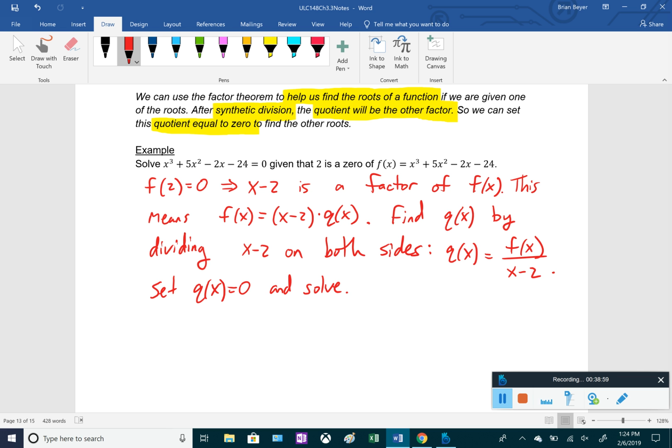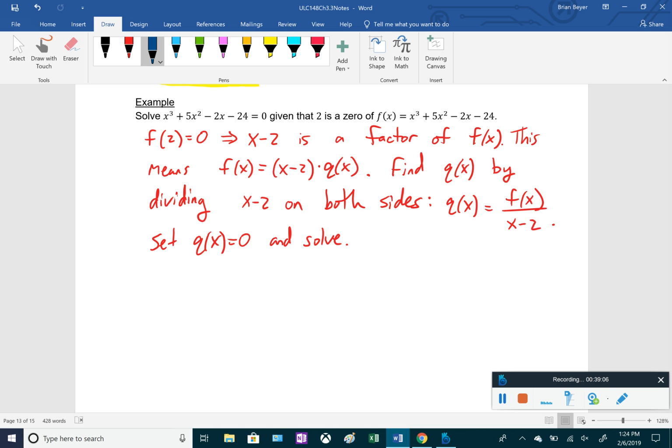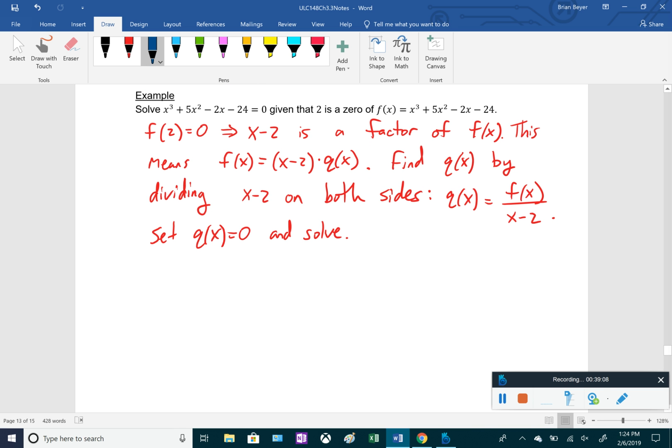Okay, so kind of a lot going on, but it's not too bad. So let's do this example. So what we're trying to do in the beginning here, before we even do the problem, we're trying to find x cubed plus 5x squared minus 2x minus 24 equals 0, right?